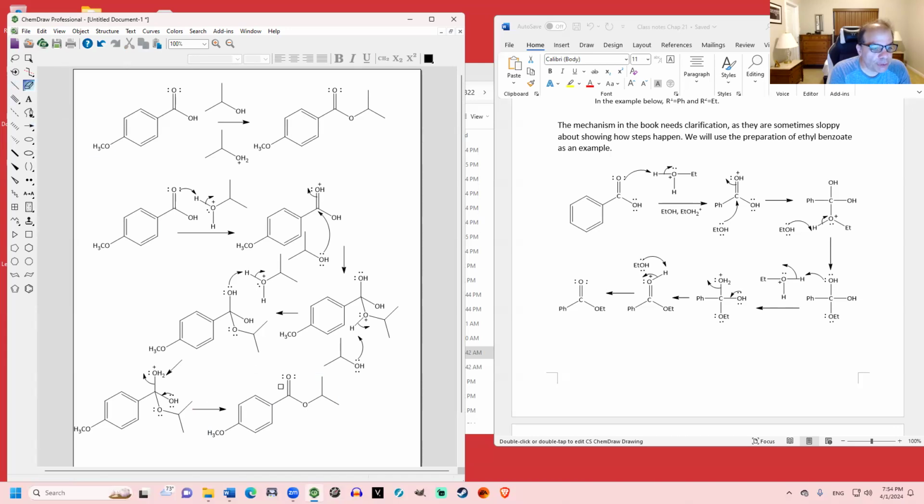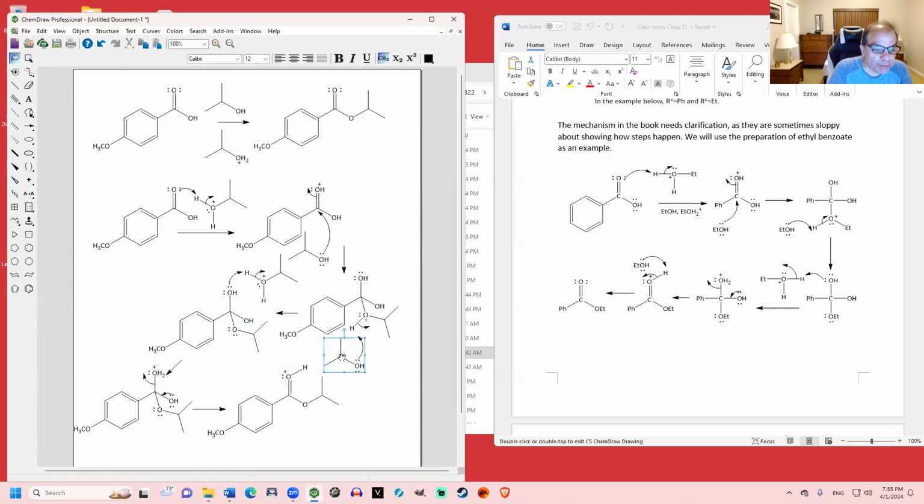That gives us the ester protonated. And that looks like that. And then we'll use an alcohol molecule.